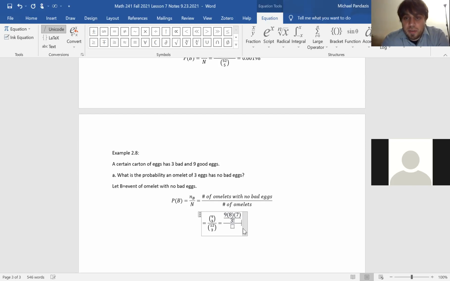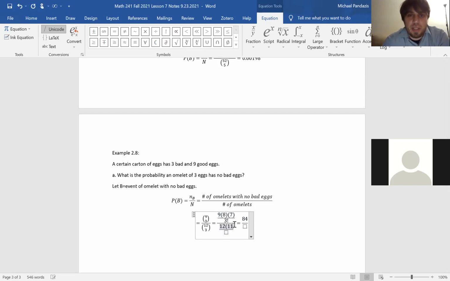And that value is 84. You can cancel out things. So 9 divided by 3 is 3, 8 divided by 2 is 4, 3 times 4 is 12, 12 times 7 is 84. Or you can calculate that on a calculator and you get that value.